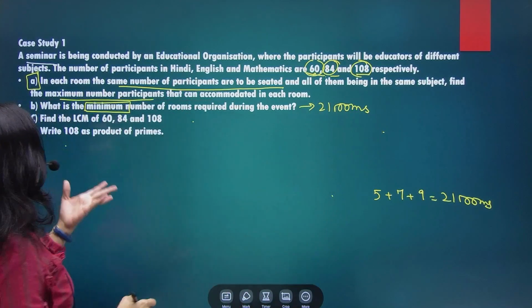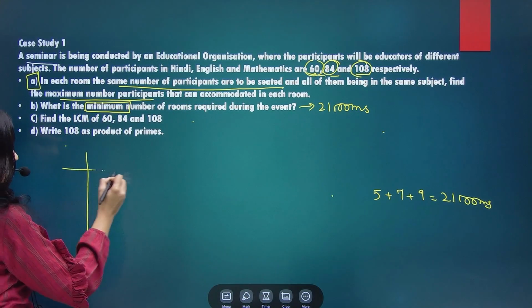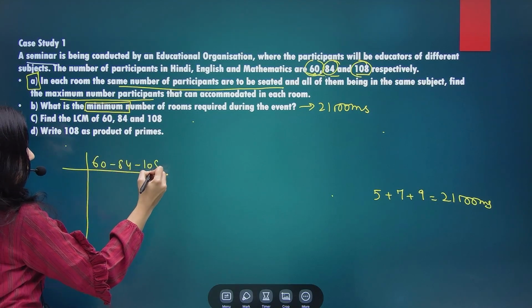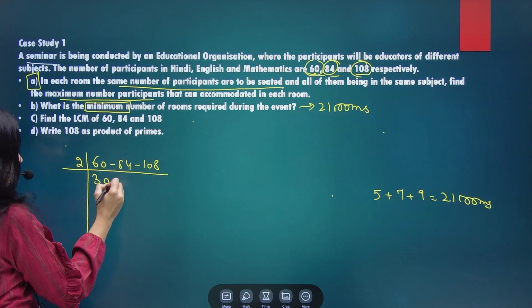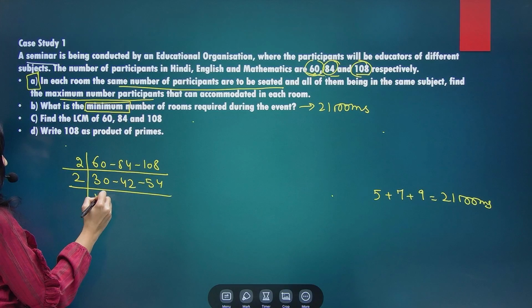Next, find the LCM of 60, 84 and 108. Very easy question. You have to straight away go for LCM here. So please find it out on your own. No explanation required here.